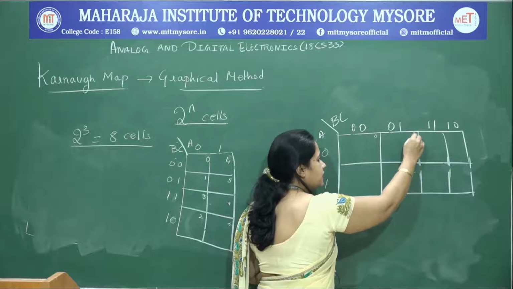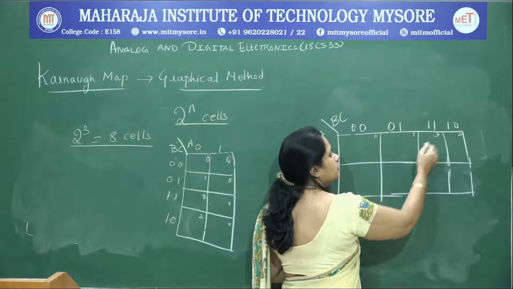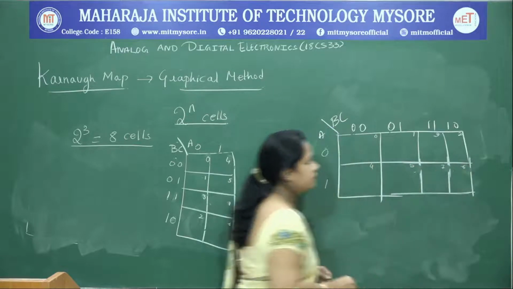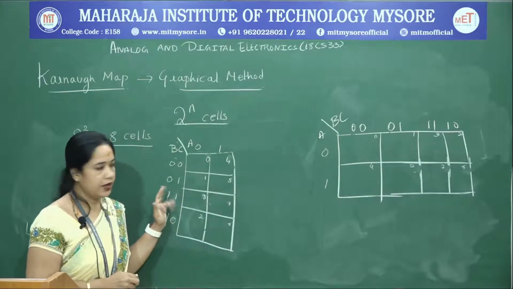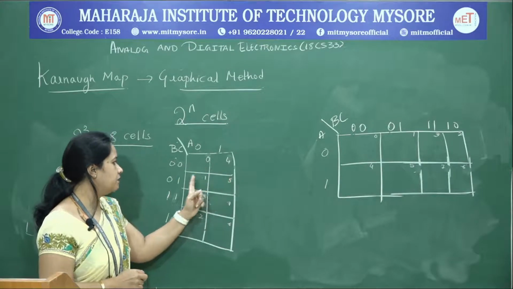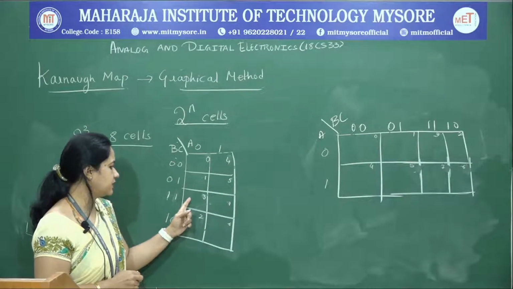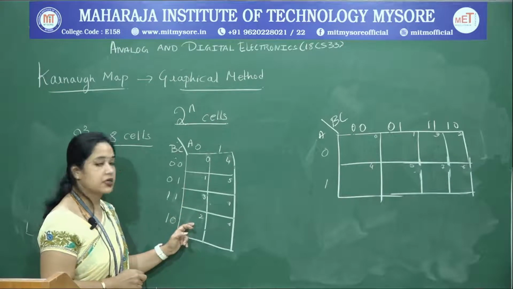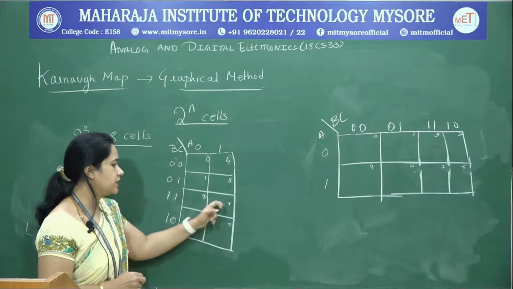This is second entry, this is 3rd entry from your table, and this is the 4th entry, 4, 5, 6 and 7. So, this is how you write K map for a 3 variable expression. This is A bar, B bar, C bar, and this is A bar, B bar, C. This is A, B bar, C bar corresponding to min term M3. This is corresponding to min term M2, min term M4, min term M5, M6 and M7.